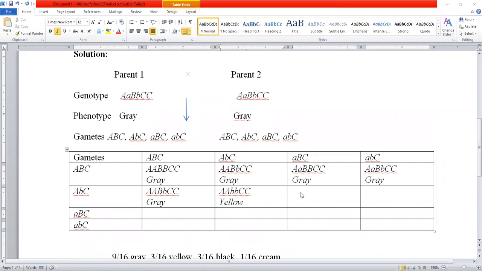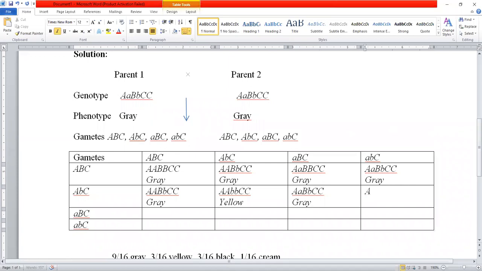The genotype combination would be capital A, small a, capital B, small b, capital C, capital C. This would also be gray because the dominant allele of each of the three genes is present in this case.